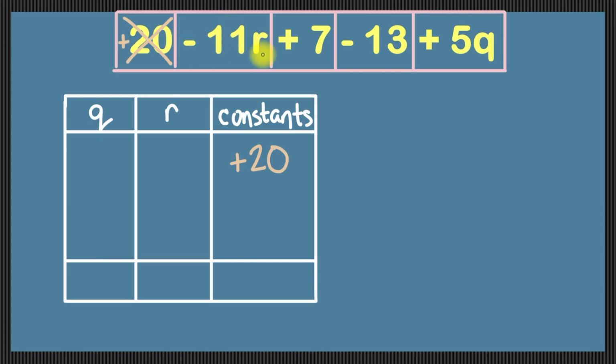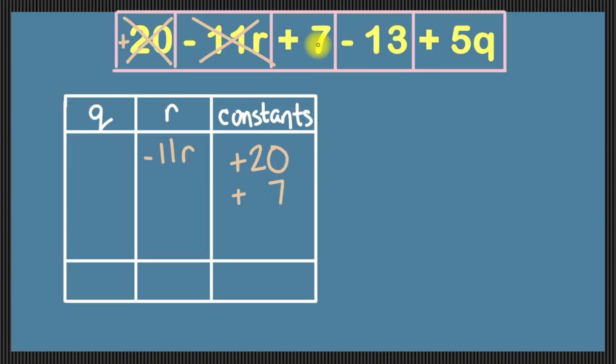Negative 11R. That's an R term, so we'll put it in the R column. Negative 11R. We're done with this one. Let's cross it off and go to the next term, which is positive 7. That's a constant, so I'll put it in the constants column. Positive 7.